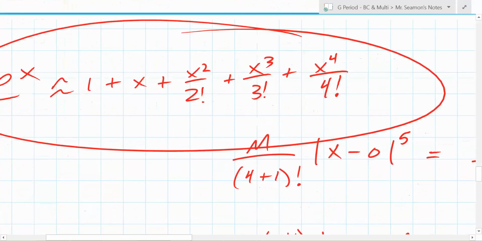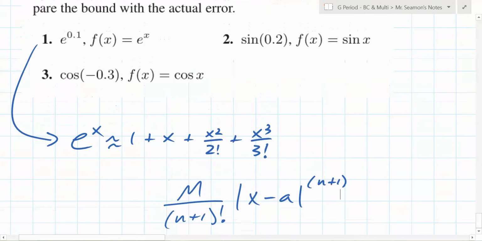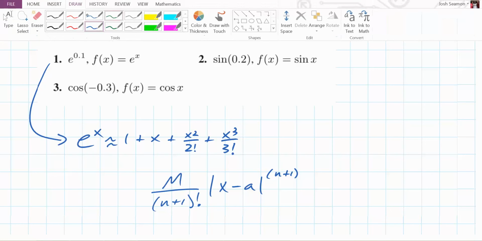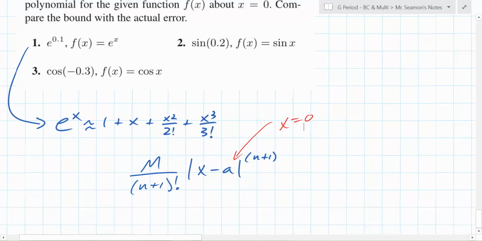Nice. In this case, what are we centered around? I think it says we're centered around x equals 0, right? So the first thing we know automatically is that a equals 0. Thank you. It's hard for me to talk and write at the same time for some reason today.